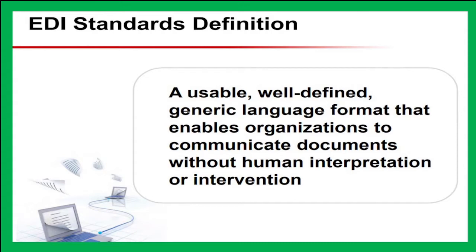So a format which was designed, which is acceptable, can be understood in a language and enables the organizations to communicate the documents without human interpretation or intervention. There is no need for the Telangana State Board of Intermediate to come to your college and explain this is a student and his father's name is this, his hall ticket number is so and so, and he appeared for the exams.